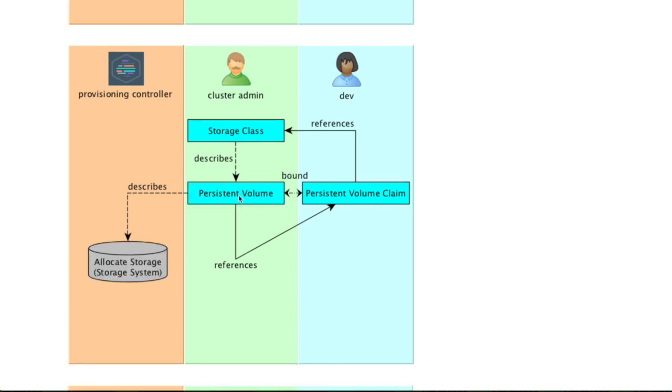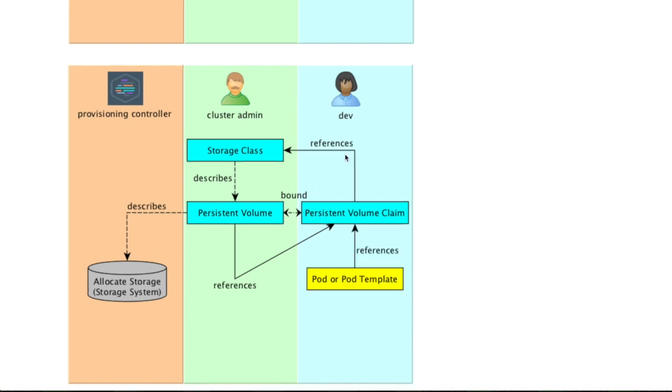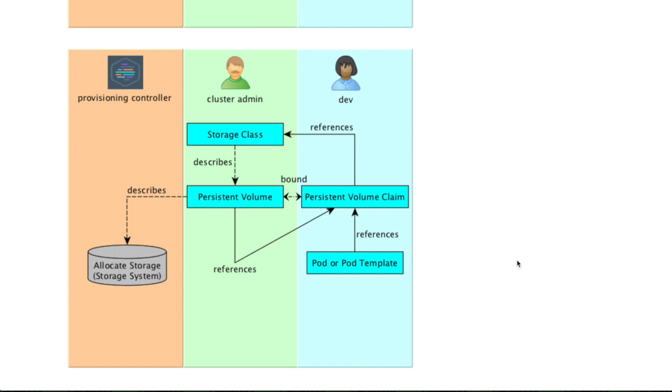We can see here that the persistent volume and persistent volume claim are now bound. At this point, our app admin or developer can create a pod or a pod template that references that persistent volume claim, and now my application can start and take advantage of our stateful storage. This is what the end state looks like after we've dynamically provisioned storage.